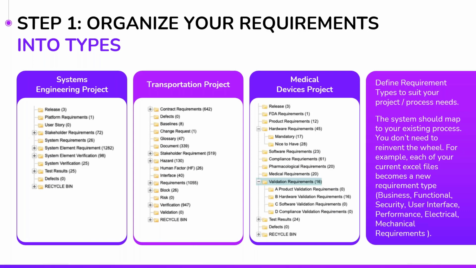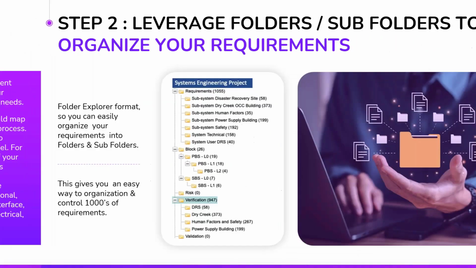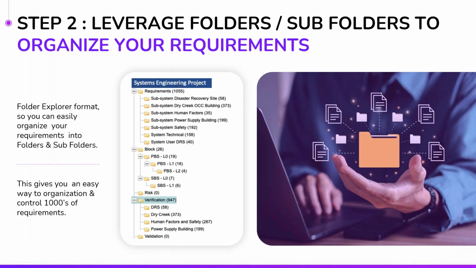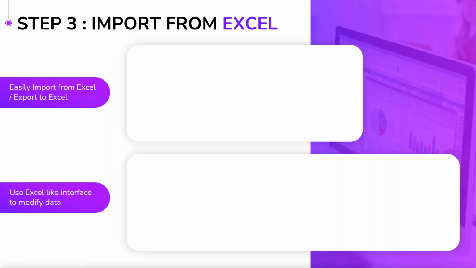So reiterating, step 1, organize your requirements into type. Step 2, you want to be able to organize your data within the requirement type into folders, subfolders, and subfolders, so it's easy to visualize and make sense of large sets of requirements that you have. Step 3 is, you want it to be easy for you to import data from Excel, and then you want to be able to modify the data using an easy to use interface.